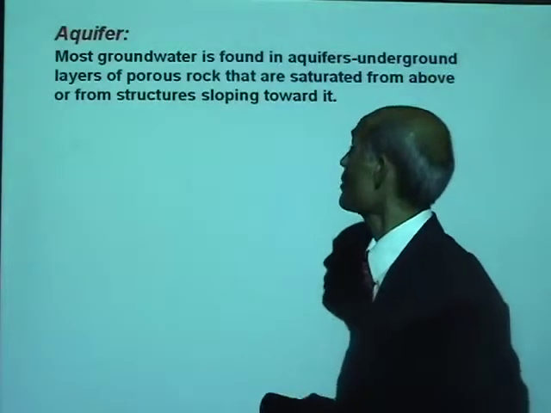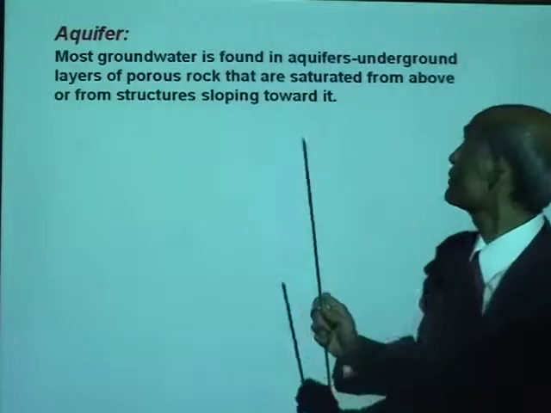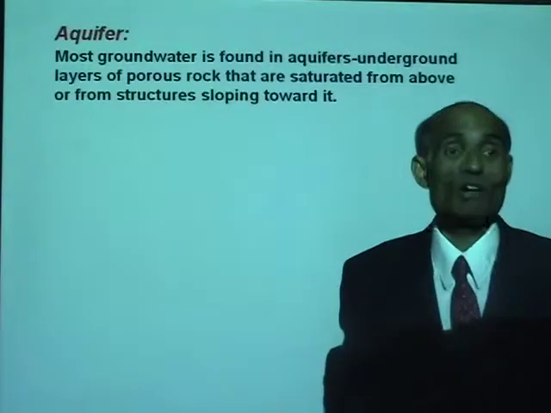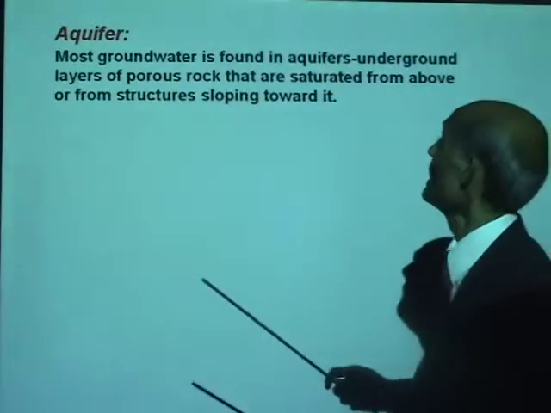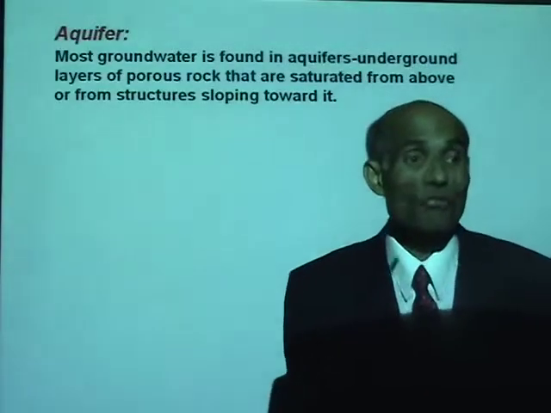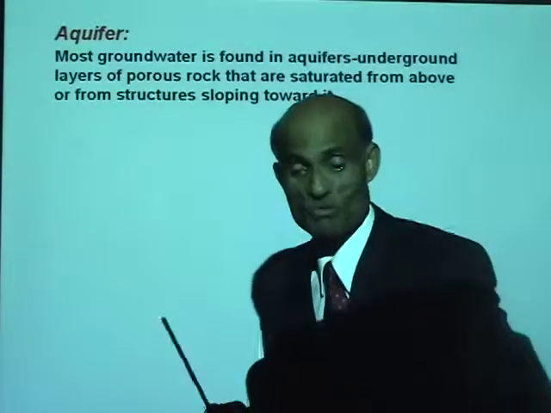What is an aquifer? An aquifer is a storage device underground. In other words, anywhere water is stored underground is an aquifer. Is that right? Yes. So most underground water is found in aquifers or underground layers of porous rock that are saturated from above or from structures sloping towards it.